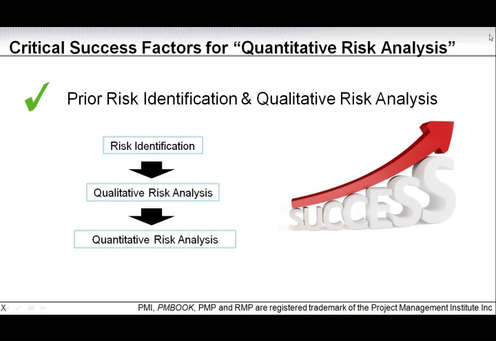As mentioned in the objective, quantitative is the next step on top of the qualitative. You identify the risk, perhaps you have an initial response, then you analyze the risk, its probability and impact on the individual risk level, and then you go into the quantitative risk analysis and you see what these risks mean to my project.